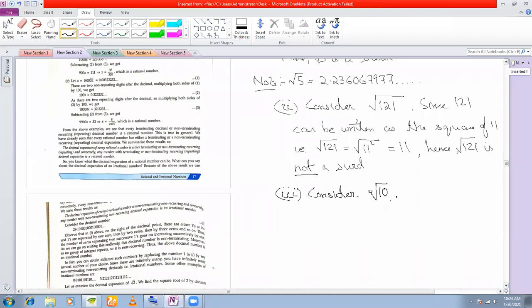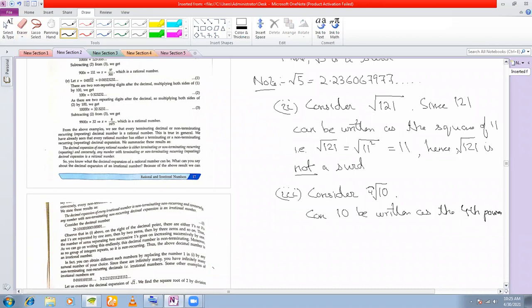The question is, can 10 be written as the fourth power of any rational number? Why fourth power and not power 2?